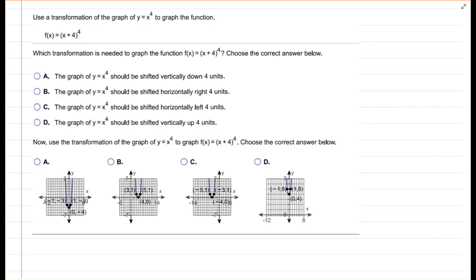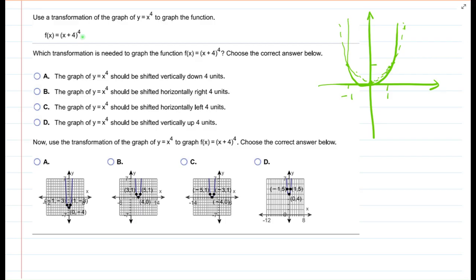All of them pass through points (0, 0), (1, 1), also (-1, 1). And they are pretty similar to a parabola. X to power 4 is narrower than x squared, but again passes through the points (1, 1), (0, 0), and (-1, 1).